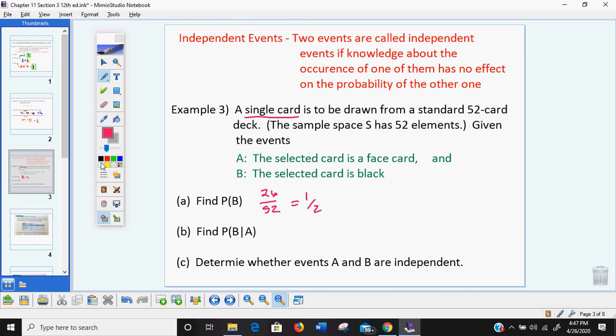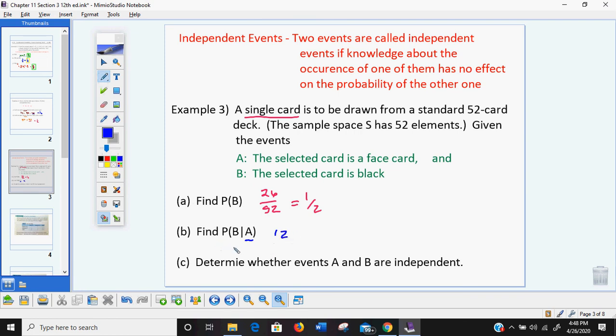Okay, so now let's look at the second part. This says find the probability of B given A. So given A, we have to look at A first. Selected card is a face card. So there are 12 face cards. We're only talking about those 12 face cards.